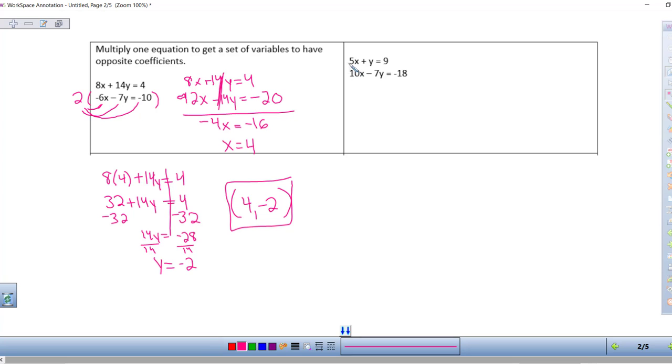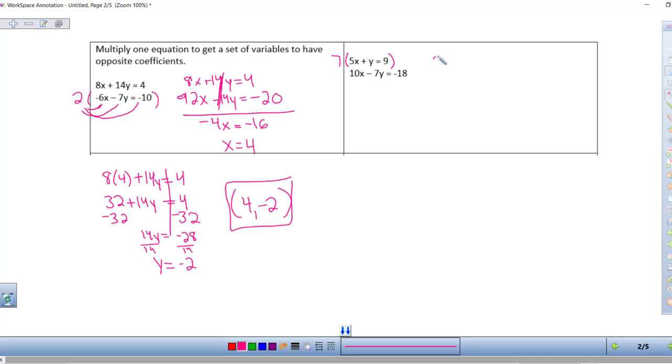So I would have to multiply by negative 2 to get the opposites. Since we don't really like negatives, I would avoid it if at all possible. Sometimes you have to multiply by negatives, but this one we wouldn't have to since we have the opposite signs already. So I would multiply the top equation times 7. That way my y's will eliminate.